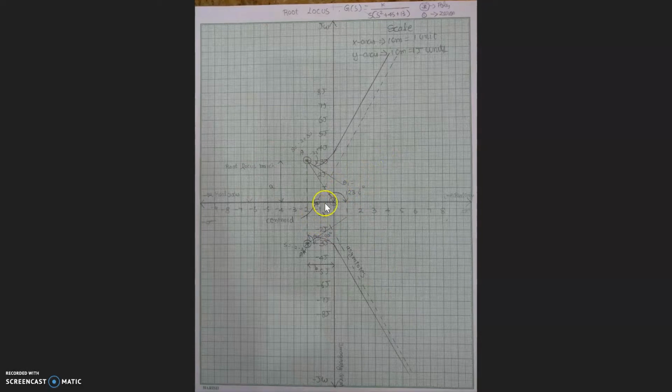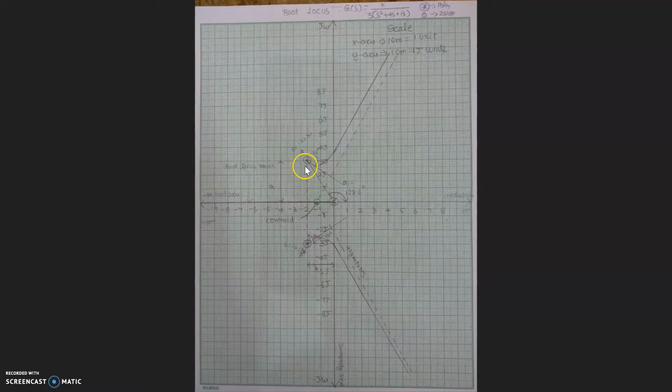From this we can say that 0 to minus infinity is one root locus branch, and for pole P2 we have taken the angle of departure, and then intersected at 3.6j, taking it to infinity. So this is another root locus branch, and this is another root locus branch. So 3 root locus branches are sketched.